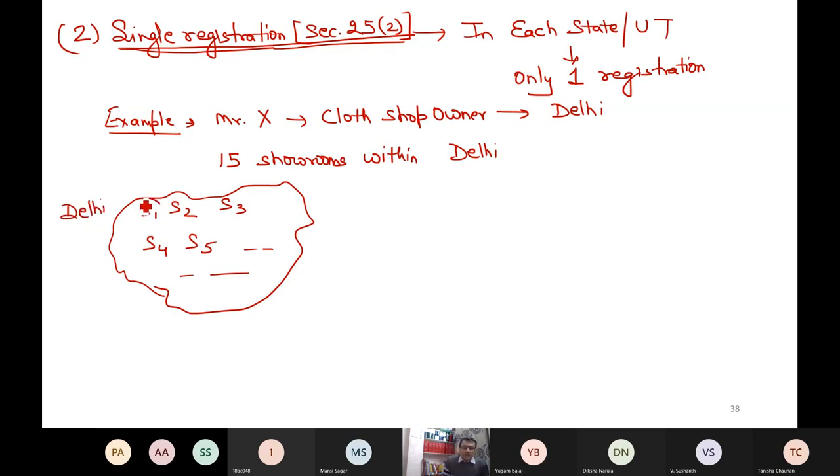Now my question is, is it necessary that this person has to take separate registration for each of the offices?